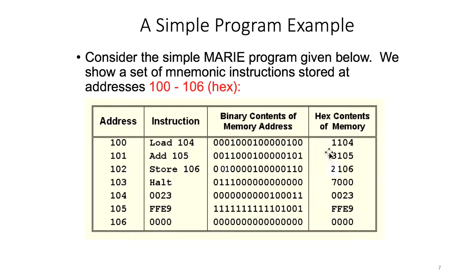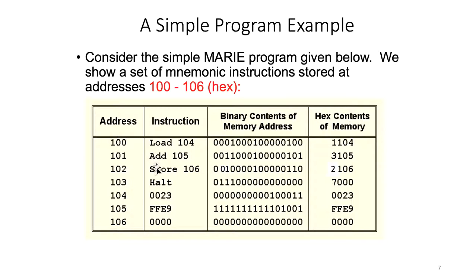In hexadecimal, this binary representation is represented by 1 for the first 4 bits, 1 for the next 4 bits, 0 for the next 4 bits, and 4 for the last 4 bits. So the instruction load at address 104 is represented by 1104.